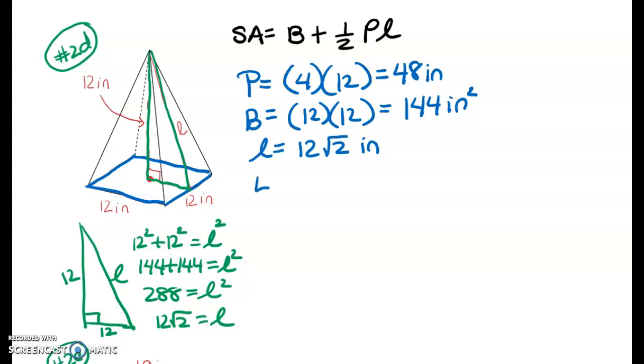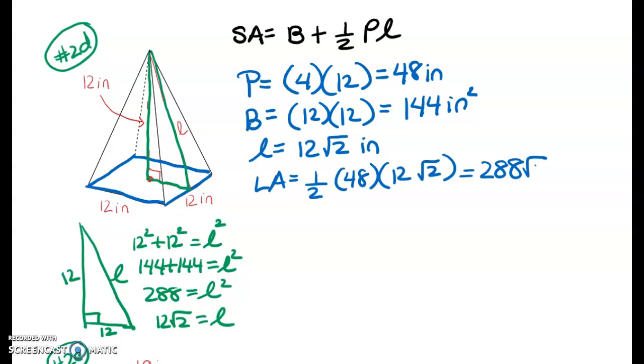So now I can calculate my lateral area to be 1/2 times my perimeter, which is 48, times my slant height, which is 12 radical 2. And so I get 288 radical 2 inches squared.